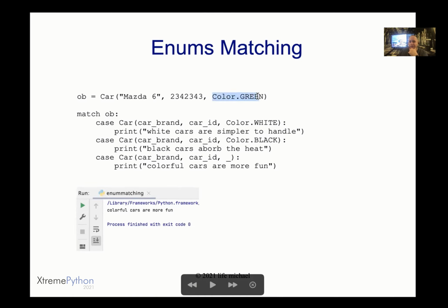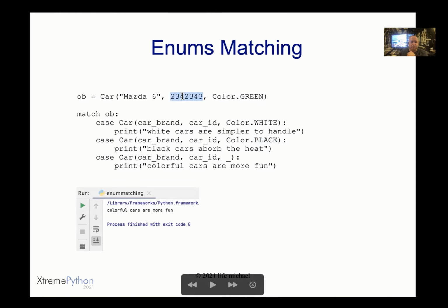So over here, you can see that it is possible to compare color green to color white, color black. In this case, the first two cases fail, but then we get to the third case, and the third case is a match. And the string Mazda 6 is assigned to car brand.